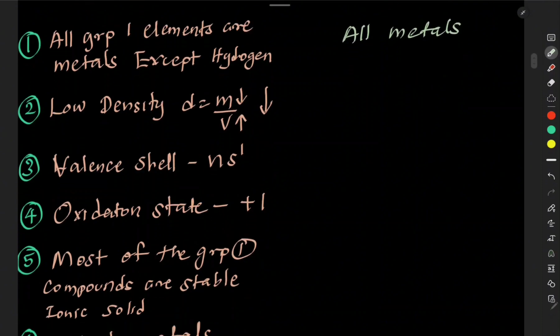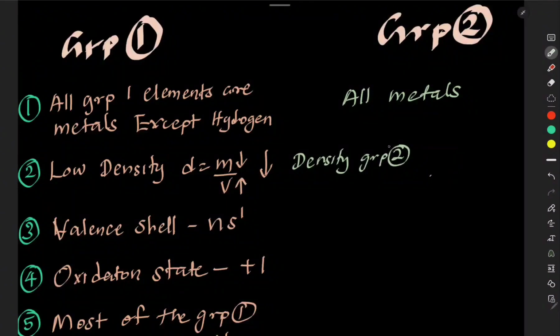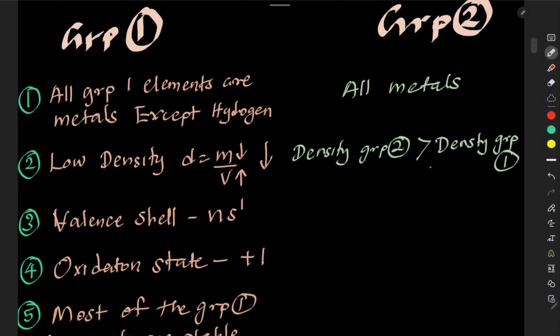The density of group 2 is greater than the density of group 1 elements.